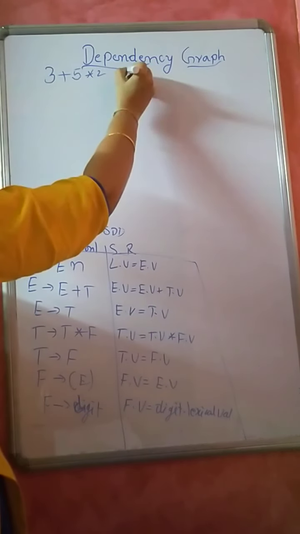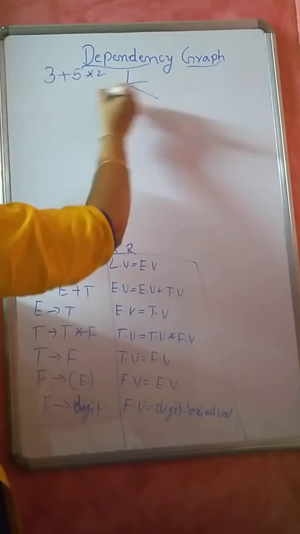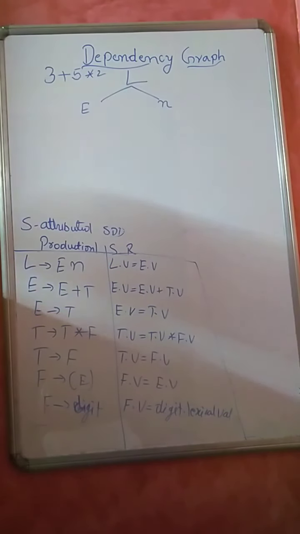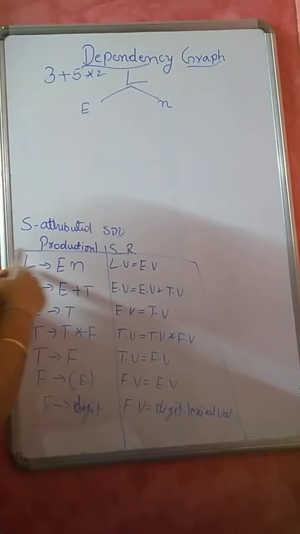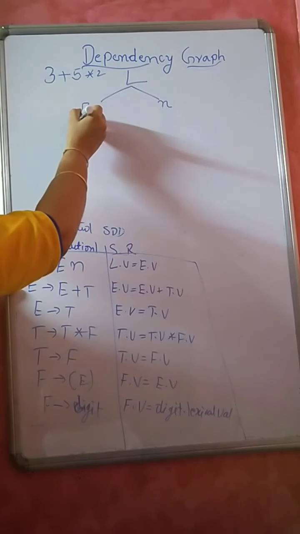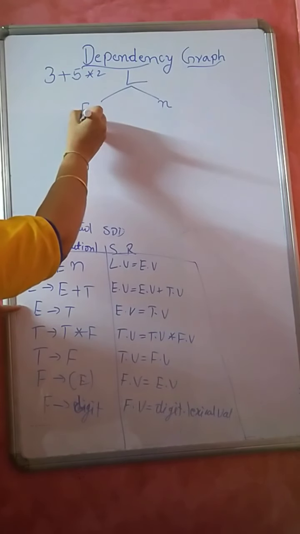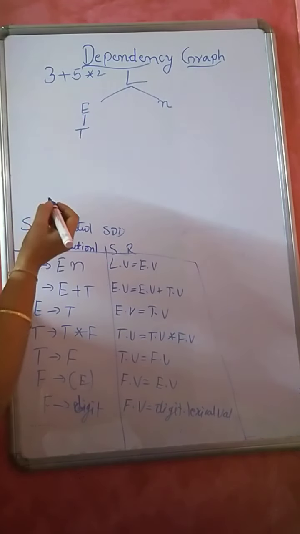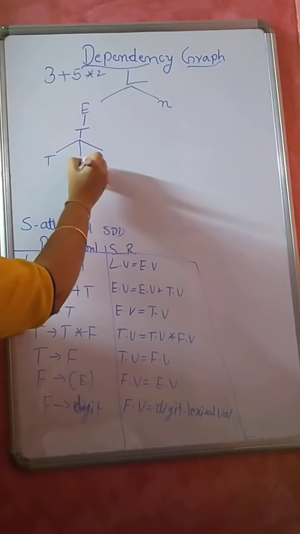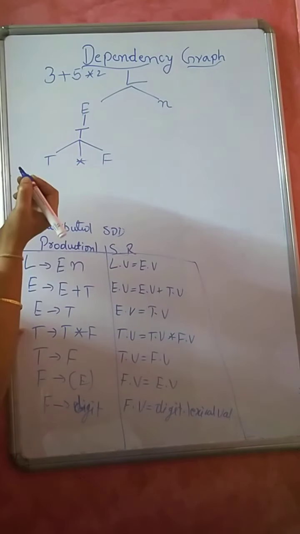So it is L determines E N. Then I have to start with the start symbol only. E determines T, T determines T star F.